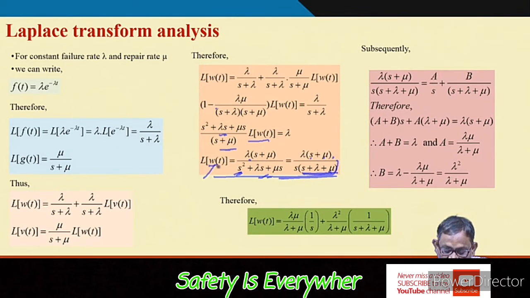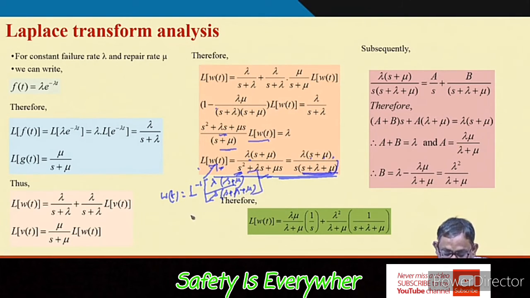Now if this is my equation and I want to find out the WT, I have to take the inverse of this. So I can write WT equals L inverse of lambda S plus mu by S into S plus lambda plus mu.